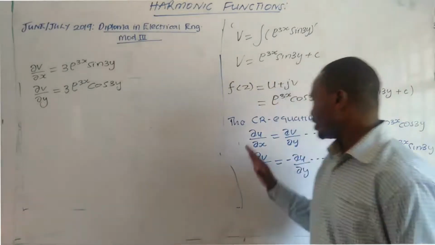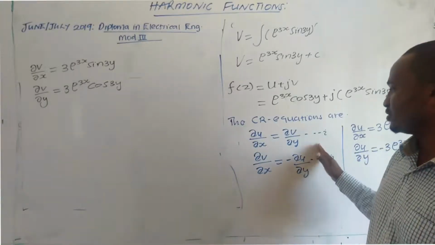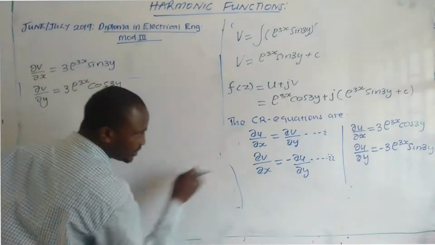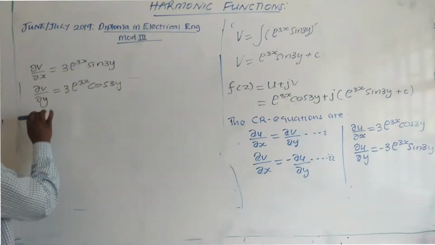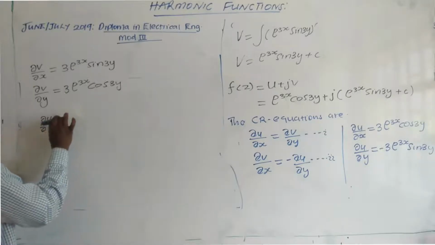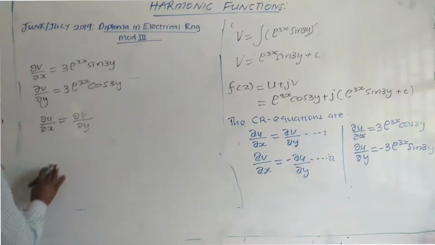Now we equate the partial derivatives as per the Cauchy-Riemann equations. The first Cauchy-Riemann equation tells us partial derivative of u with respect to x should be equal to partial derivative of v with respect to y. Is that really the case?